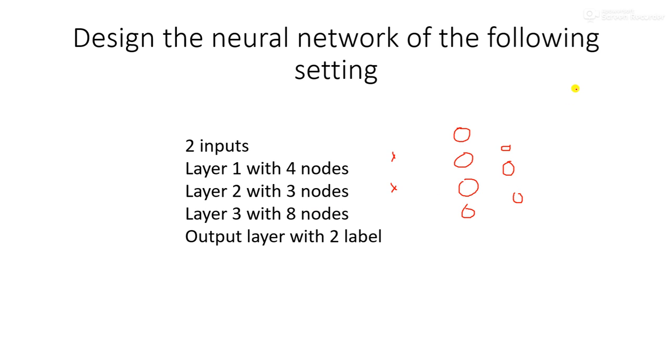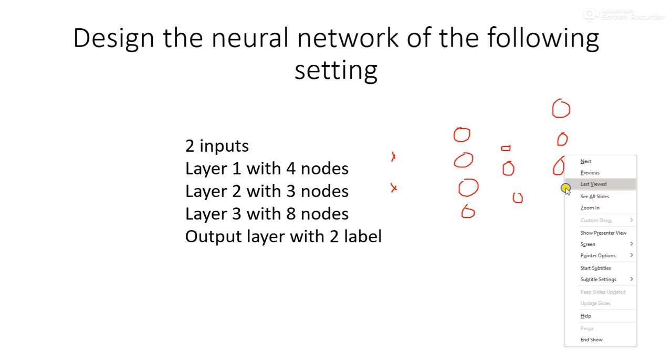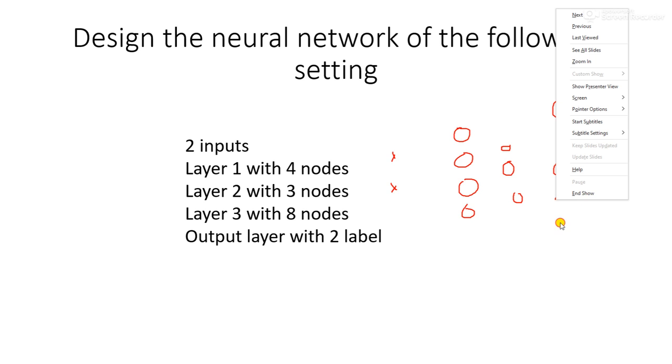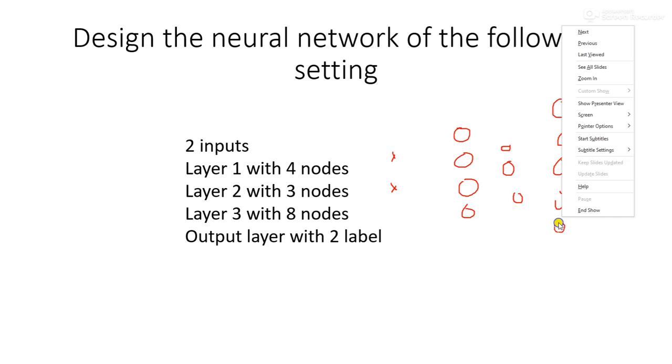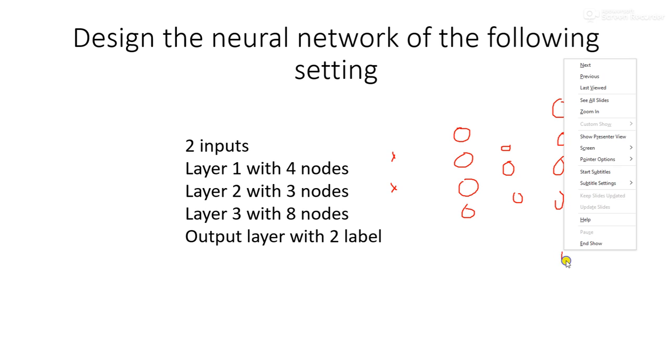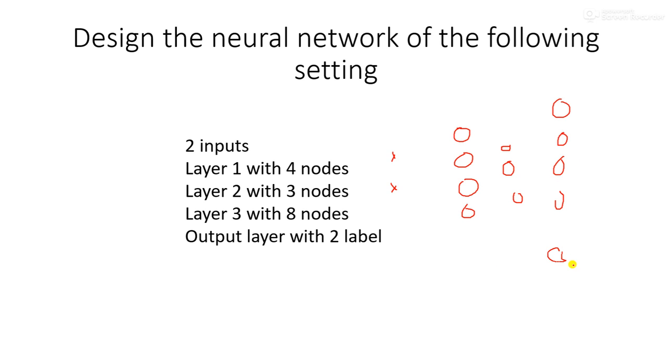Layer 3 has 8 nodes: 1, 2, 3, 4, 5, 6, 7, 8. Okay, so I got 8.